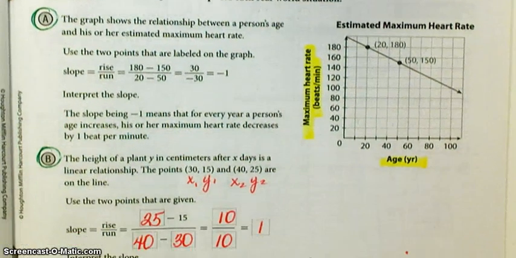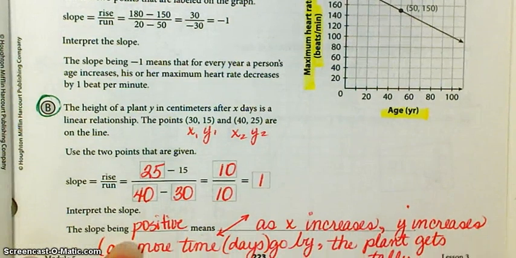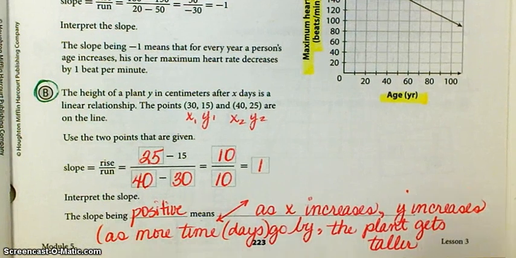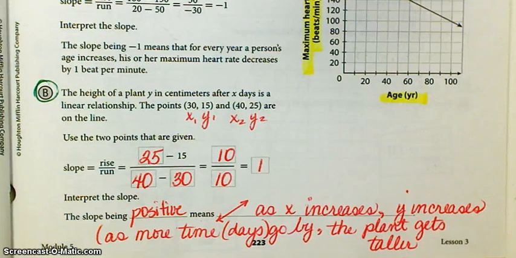All right, and then B is another example. The height of a plant y in centimeters after x days is a linear relationship. The points (30, 15) and (40, 25) are on the line. Notice on this one, they didn't even give you a graph. They're just giving you a verbal description. Use the 2 points that are given, and you're calculating slope.